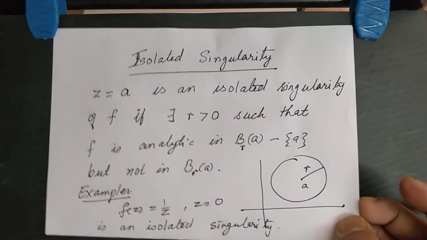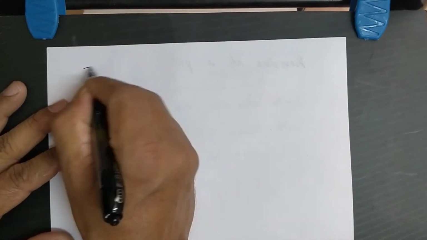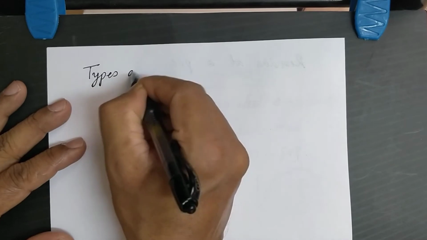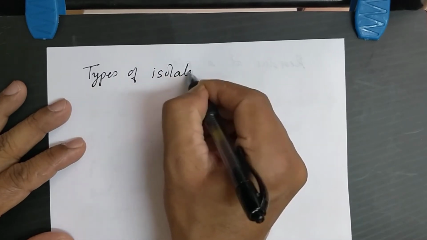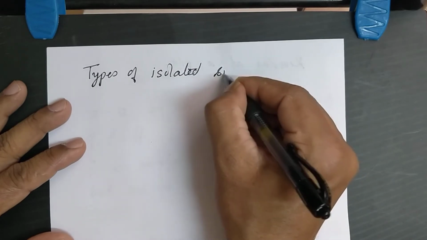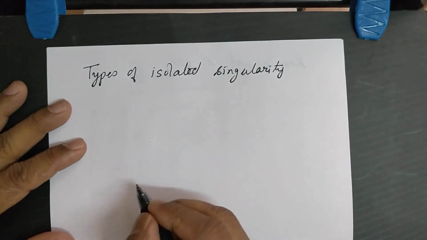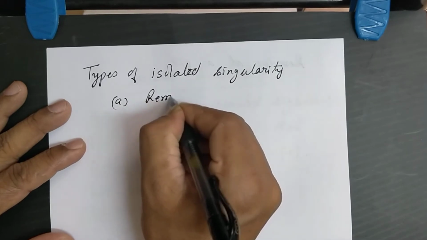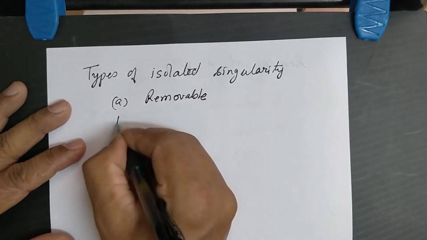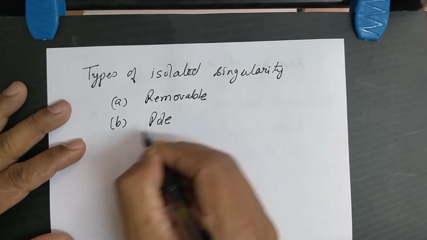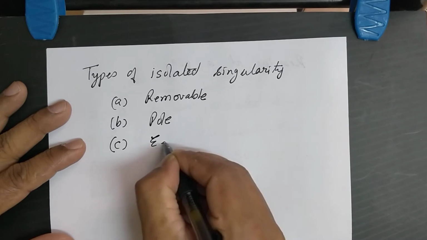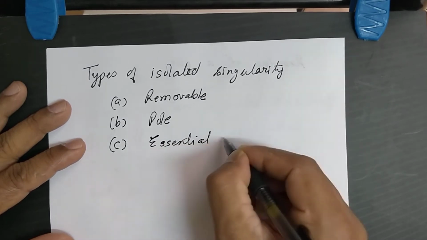Now the isolated singularity could be of several types: A, removable, B, pole, and C is the essential singularities.